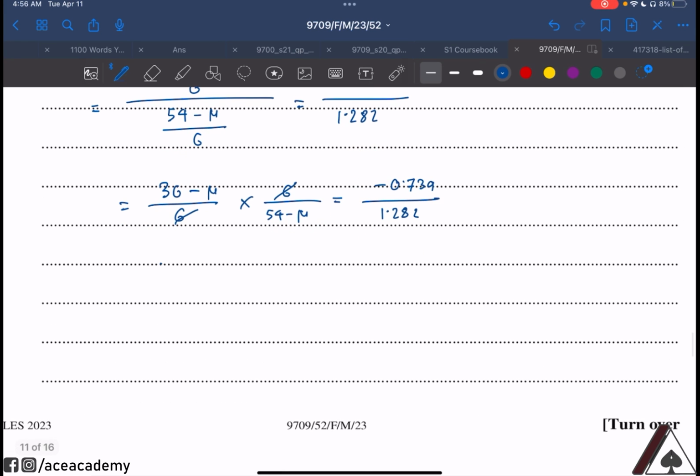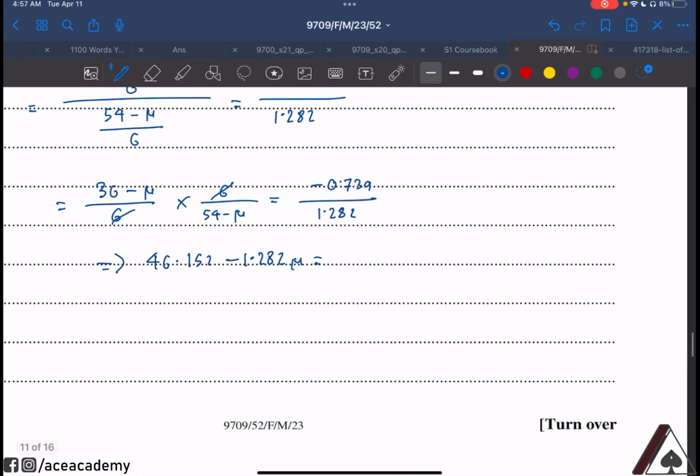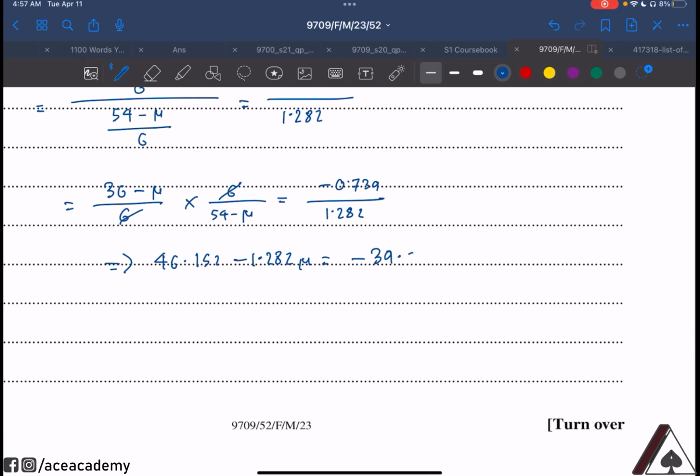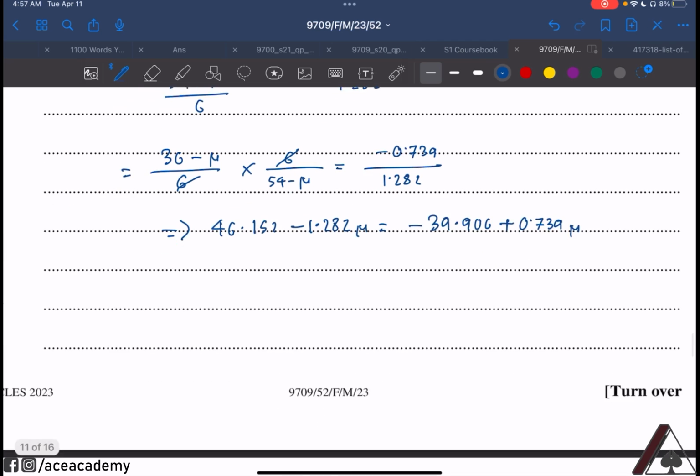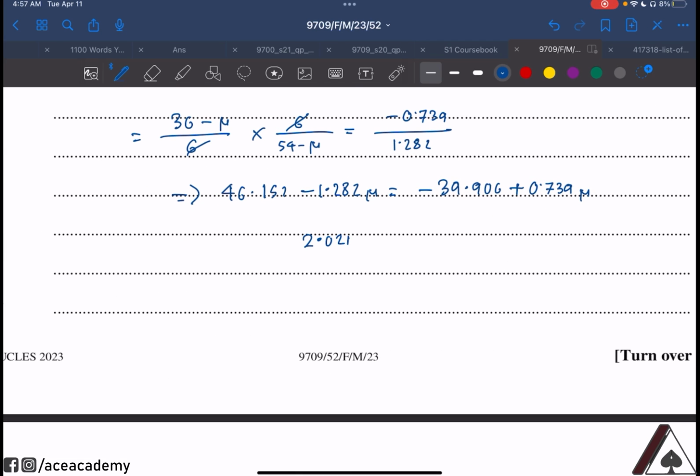Sigma, these standard deviations will cancel out. Then let's cross multiply: we're basically cross multiplying this side and then this side. 46.152 minus 1.282 mu equals minus 39.906 plus 0.739 mu. So 2.021 mu equals 86.058. Thus mu equals 42.6.